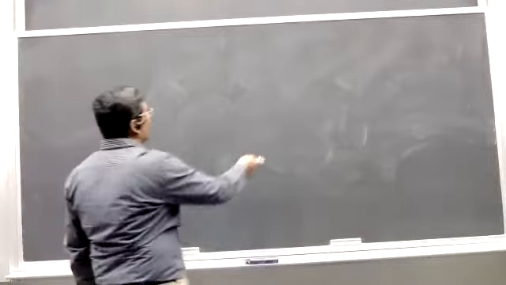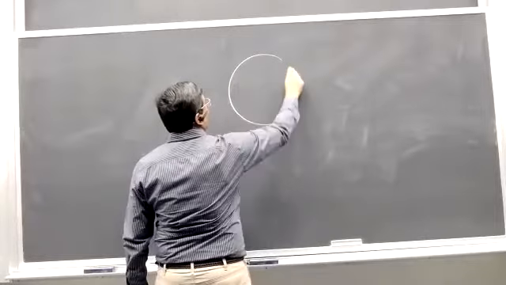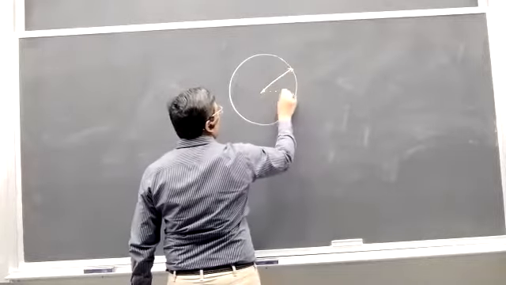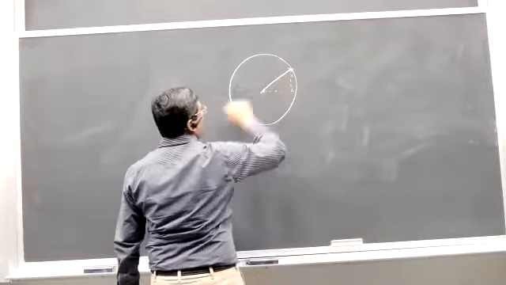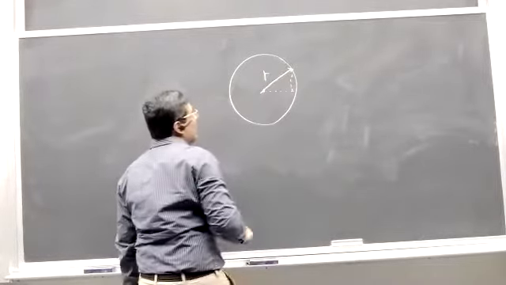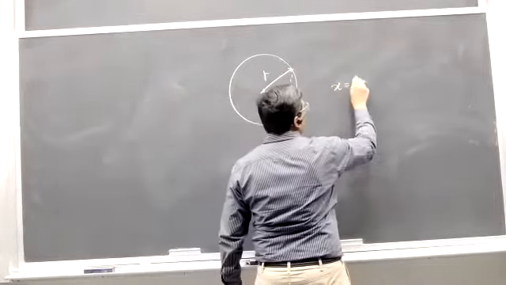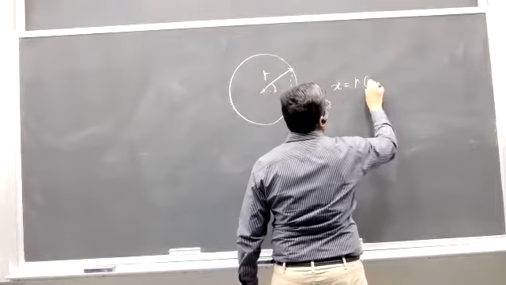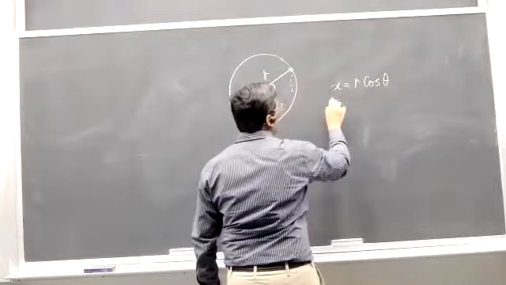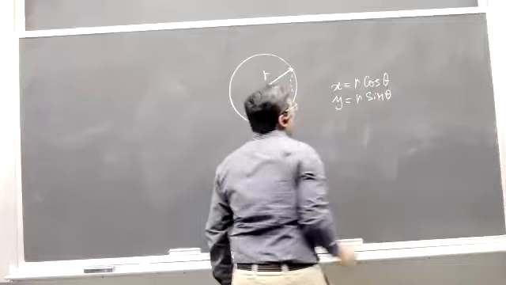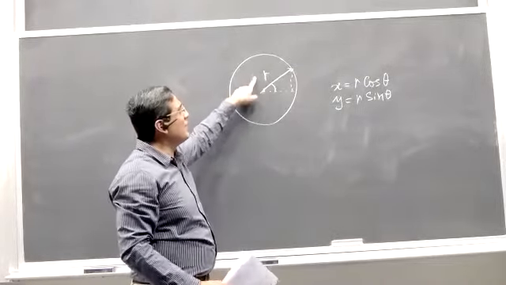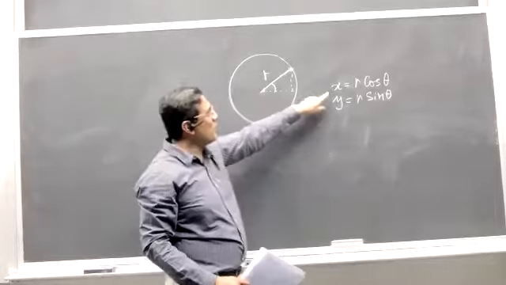Okay, look at this. This is R. Now in Cartesian coordinates, what is this R? This R is here. So what is its x coordinate? R cosine theta, and y is R sin theta. Now see, if you use the position vector as your representation of position for rotational motion, you have to worry about two variables.